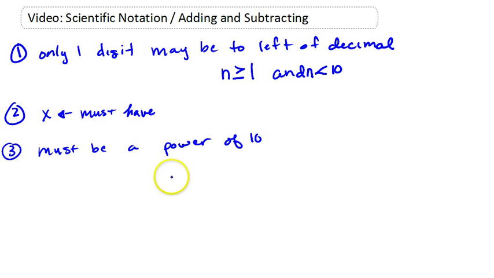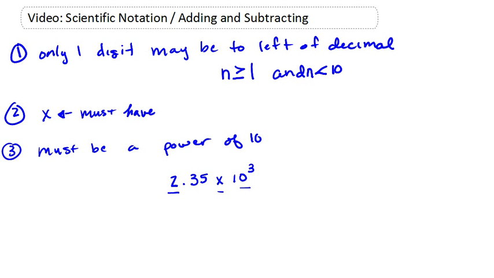So for instance, if I have 2.35 times 10 to the third, this fits all the criteria. I only have one digit, which is greater than or equal to 1 and less than 10, in front of my decimal point. I have a multiplication sign, and I have a power of 10.